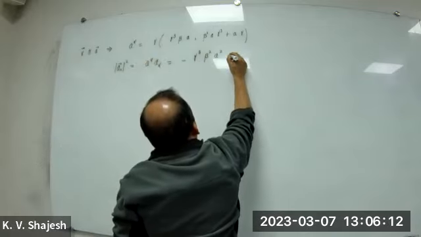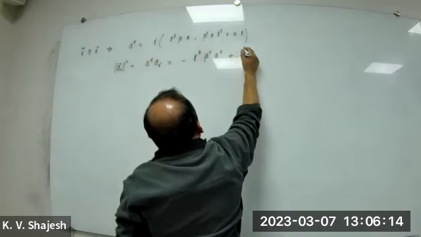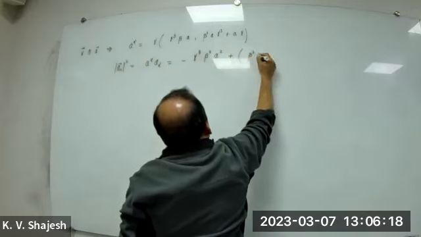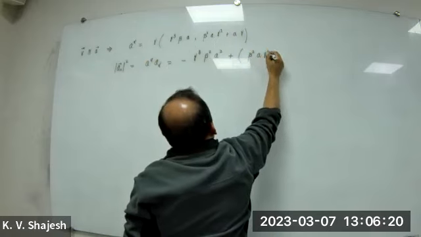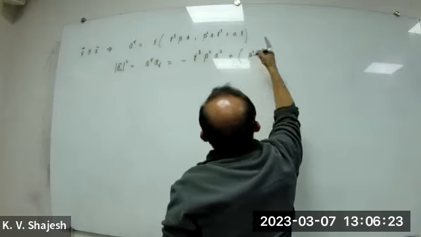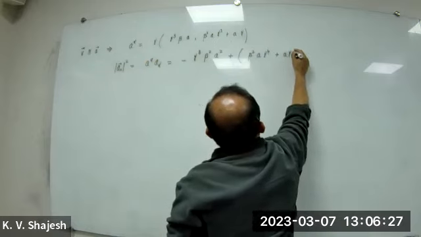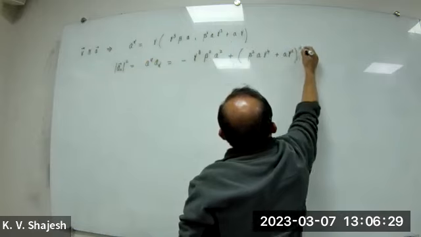And come back in here. This is positive: beta squared A gamma raised to 4 plus A gamma squared, whole squared.